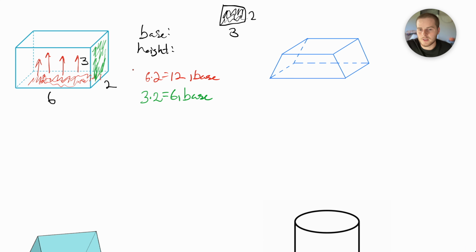So we can see that the base here was 12, and that if we want to multiply it throughout this entire shape, we have to multiply it by this line right here, which is 3, because that brings you all the way throughout to the top. So we can take the base, which is 12, times 3, which is the height, and that gives us 36, which is the volume.